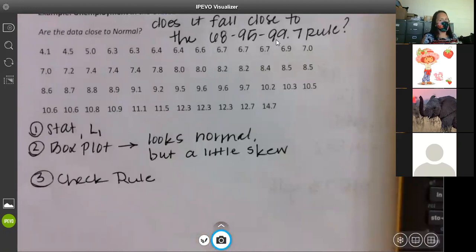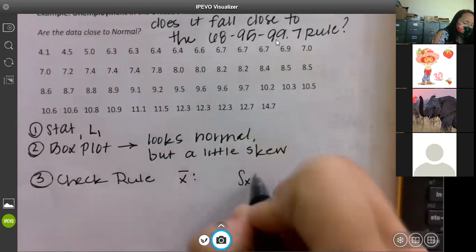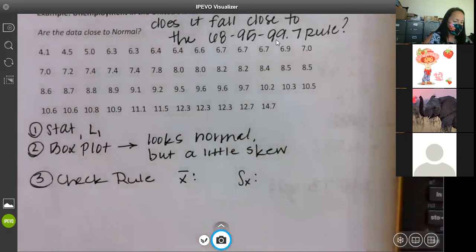I'm going to check the rule. So the things that you need to check the rule are the mean and the standard deviation. Where can I get the mean and standard deviation?